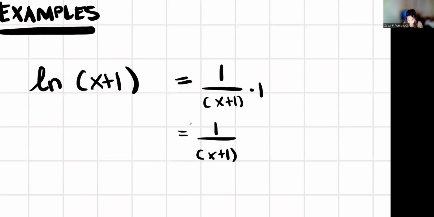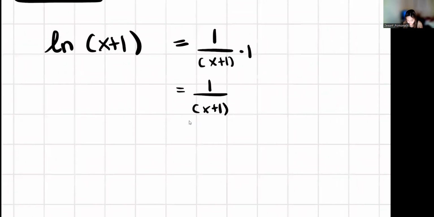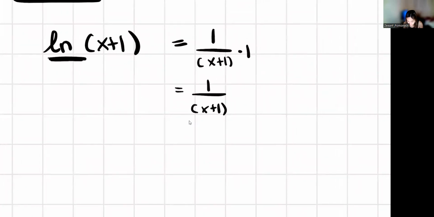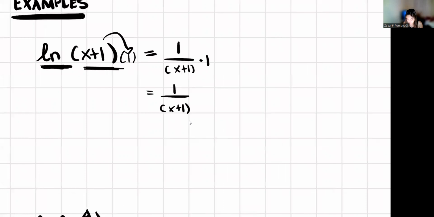And that's it. Well, the reason why this is not some crazy formula is the fact that you have to find the derivative of this, and you also have to find the derivative of this, and then multiply it, so times 1. That would be chain rule, which I will be segueing us to in the next part.